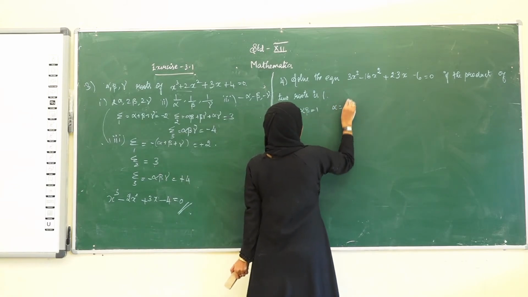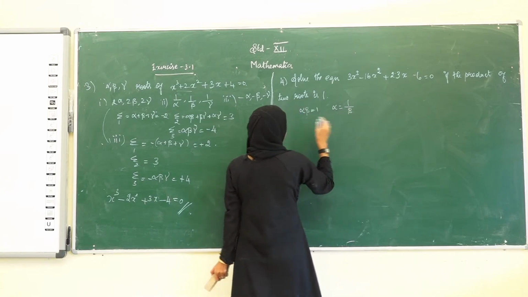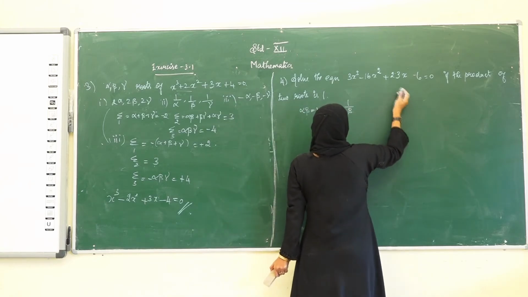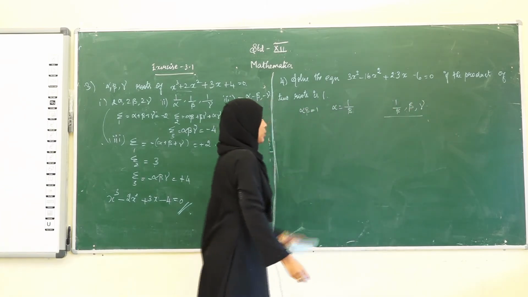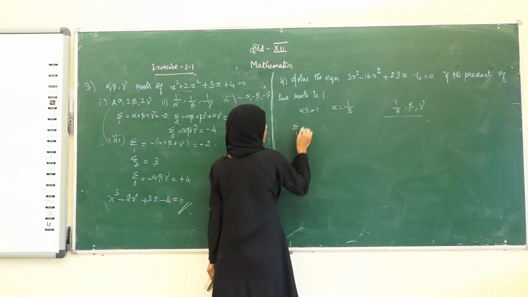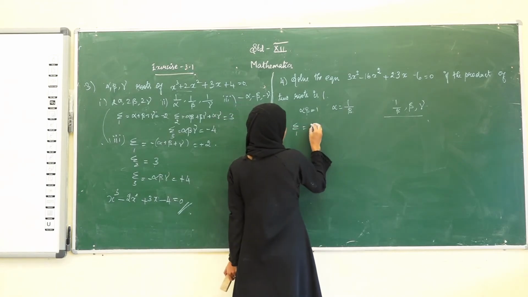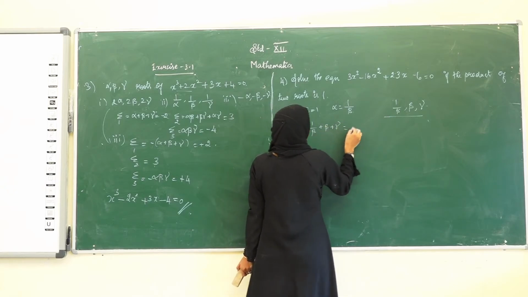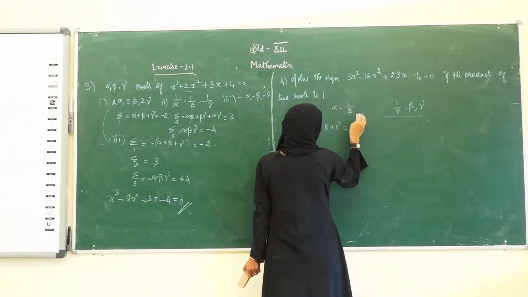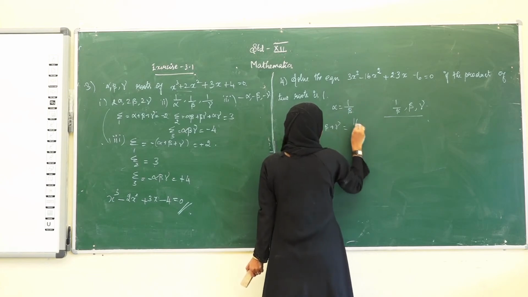Now instead of alpha we can put 1 by beta. So the roots are 1 by beta, beta and gamma. These are the 3 roots of this cubic equation. As usual, summation 1 is equal to 1 by beta plus beta plus gamma. The value is minus of minus 16 by 3, therefore 16 by 3.